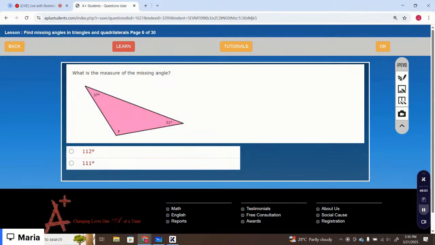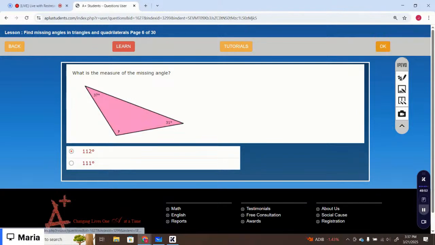What is the measure of the missing angle? 37 degrees plus 31 degrees.